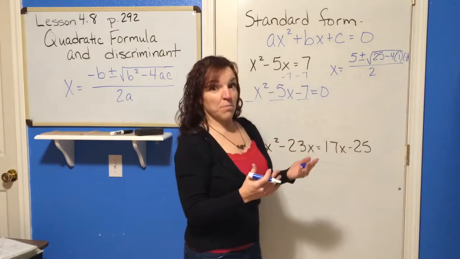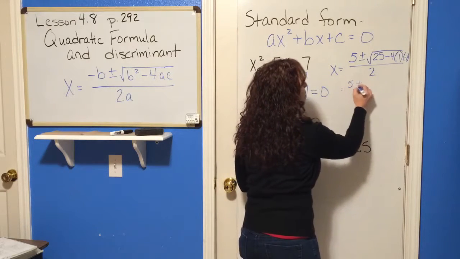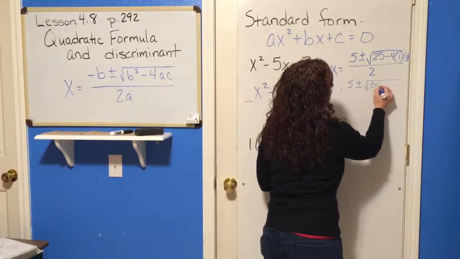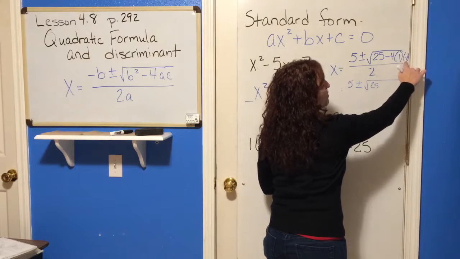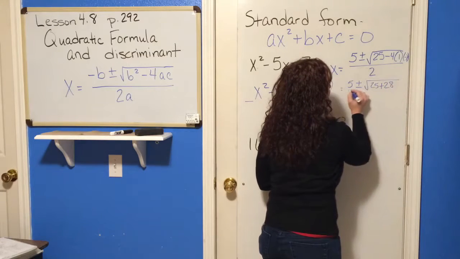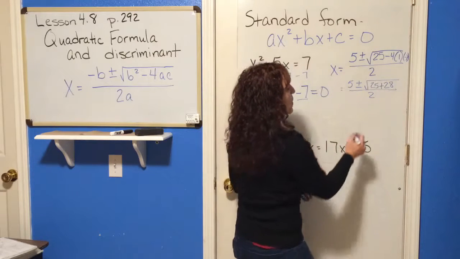So now you just simplify it. All right. So we still have 5 plus or minus the square root of, let's see, 25. Negative 4 times 1 is just negative 4. Negative 4 times negative 7 is positive 28. And that's all over 2. So 25 and 28 is what? 53?